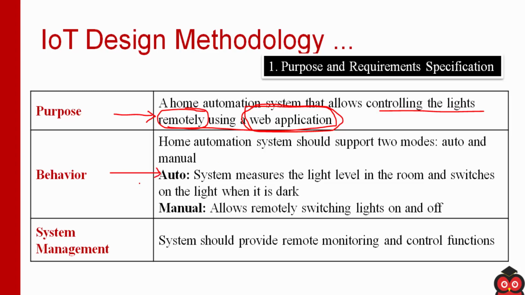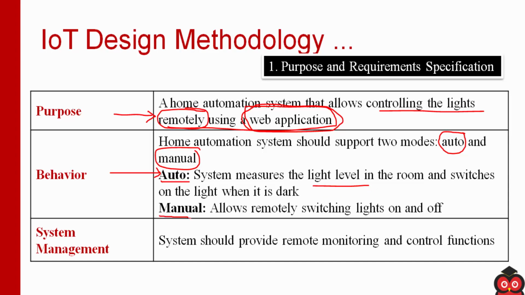And what is the behavior? From the client requirements we understood that the application should allow two modes, that is auto and manual. In the auto mode the light level is adjusted automatically by using sensors. The sensor will measure the light level in the room, and based on that light level it will switch the lights on or off or decrease the intensity of the light.